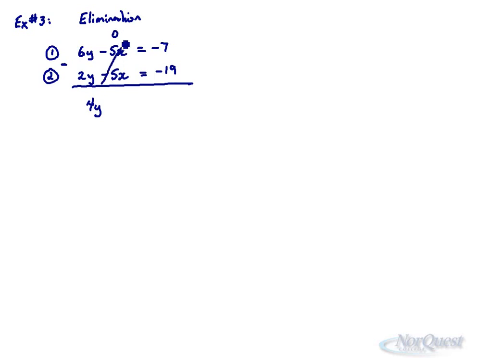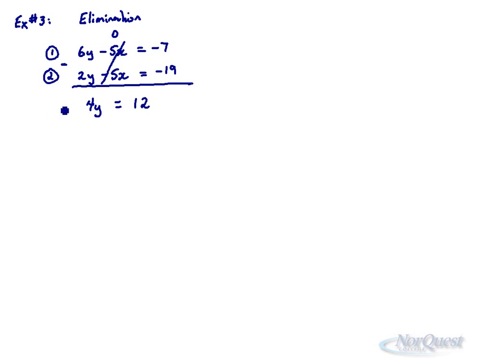That was the goal. On the other side of the equation, I get negative 7 minus 19. So it's negative 7 minus a negative 19, which will basically be 19 minus 7. So you should end up with positive 12.